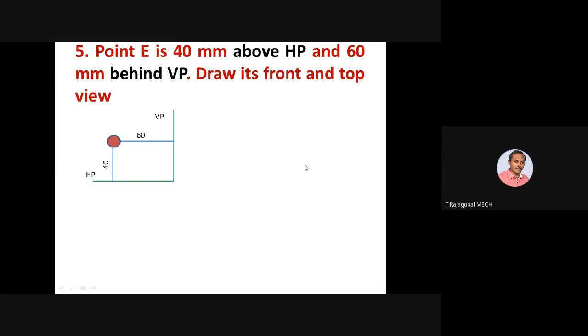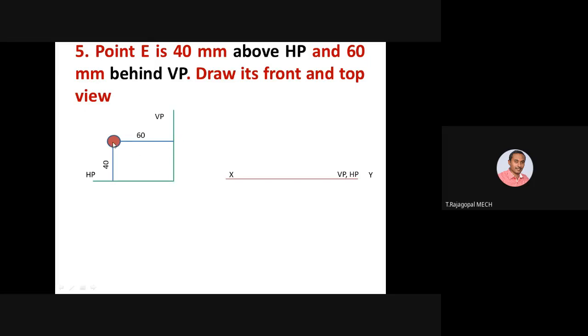If you see from the front view, you can clearly see the projection of this 40 mm, which means the point E on the vertical plane. 60 is on the horizontal plane. After the rotation of the horizontal plane by 90 degrees in clockwise direction, this 40 and 60 will overlap. That is the concept of the second quadrant.